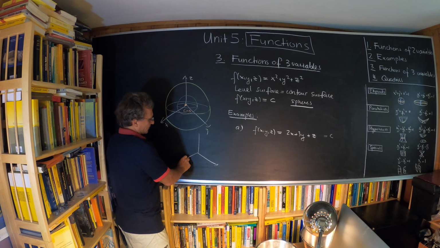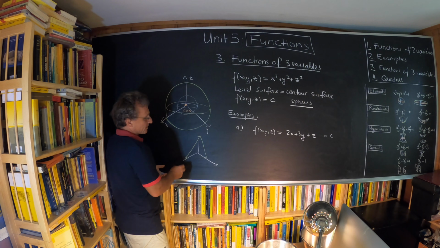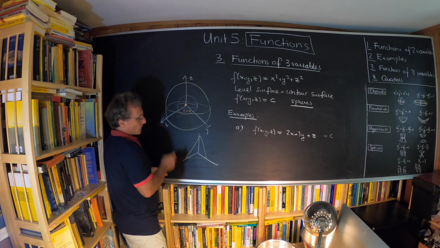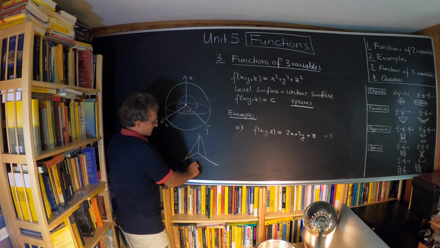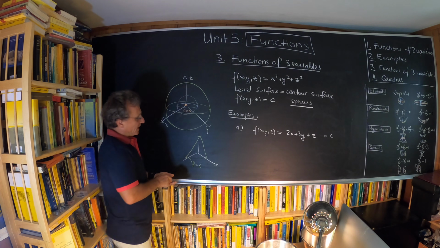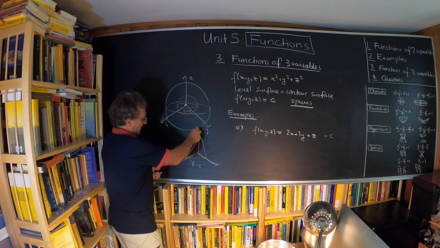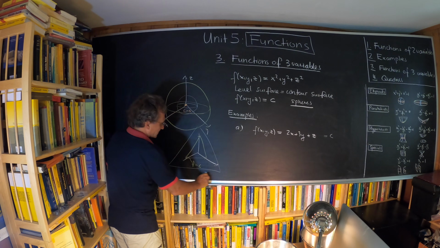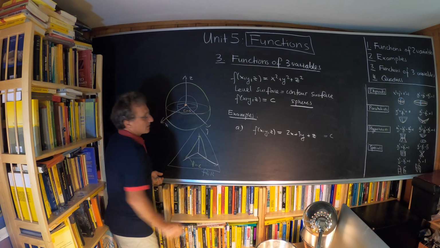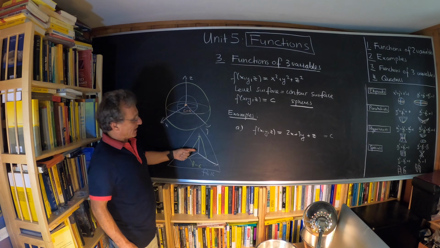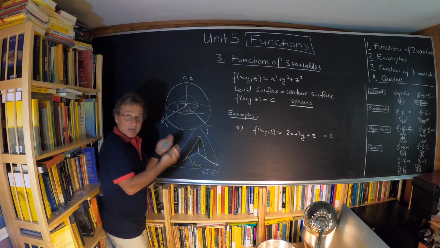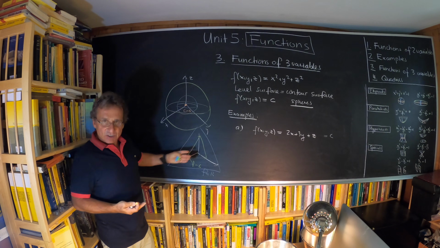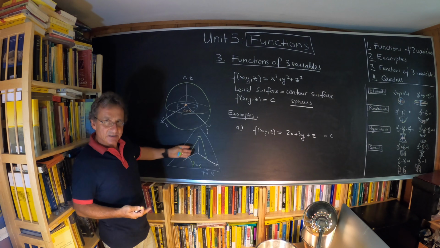So this is one plane. When f is equal to 6, for example, we get another plane. When f is equal to maybe 12, it is something like that, and so on. When f is equal to 0, we have a plane which goes through the origin. So all these planes are infinite planes which foliate the entire space.